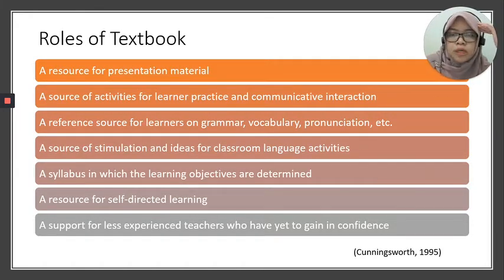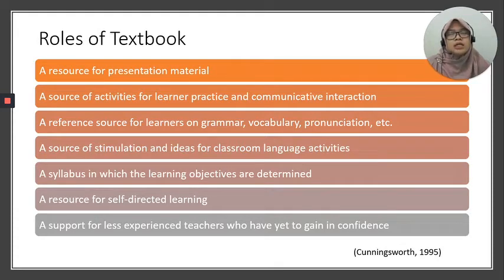And of course, last but not least, support for less experienced teachers who have yet to gain confidence. For the new teachers, the textbook will help them a lot in teaching, because probably they do not know what to teach.